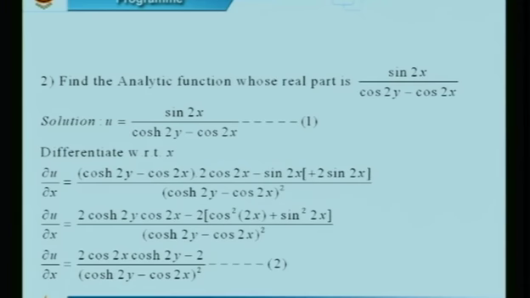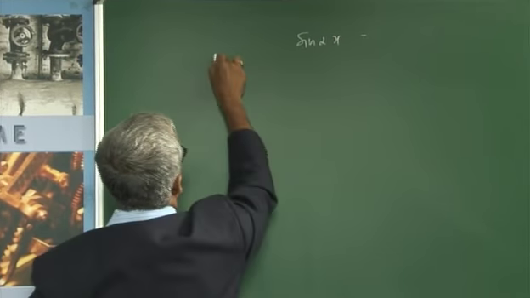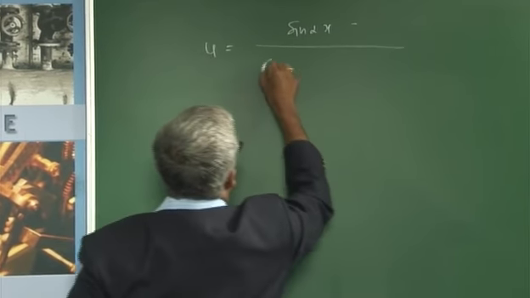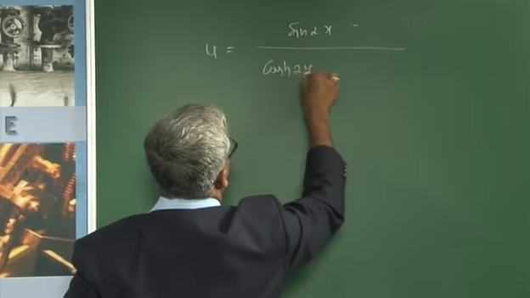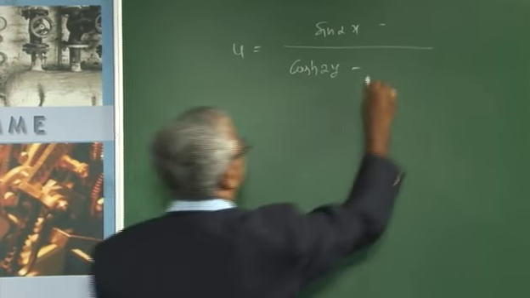The real part u is equal to sin 2x divided by (cosh 2y minus cos 2x).